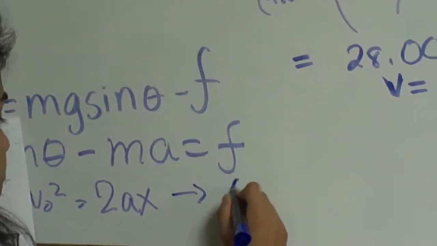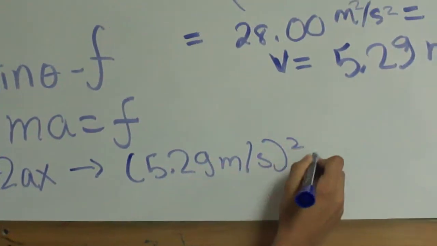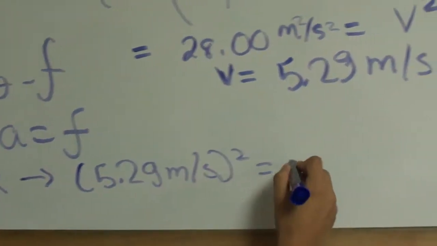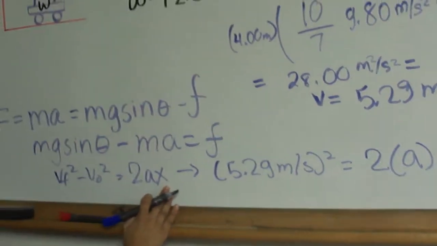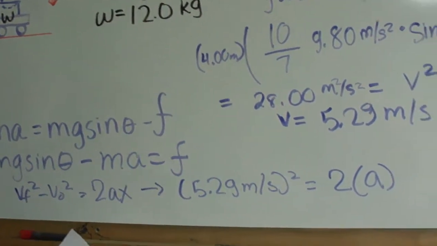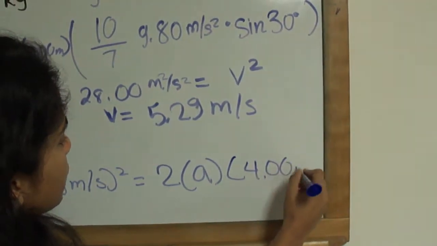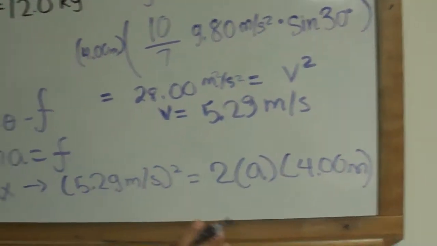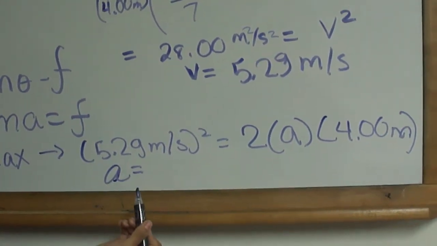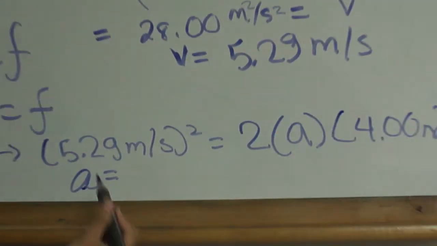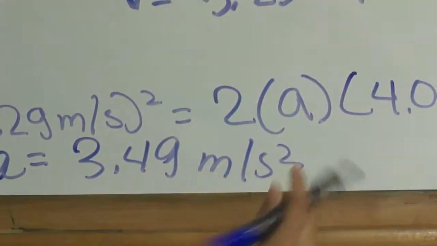We get 5.29 meters per second, squared, equals 2 times a times x. And x in this case is equal to the length, so we have 4.00 meters. We solve it out and we get that the acceleration is equal to 3.49 meters per second squared.